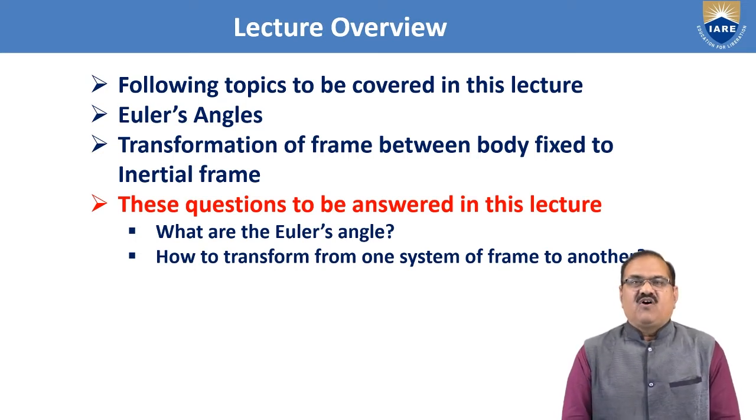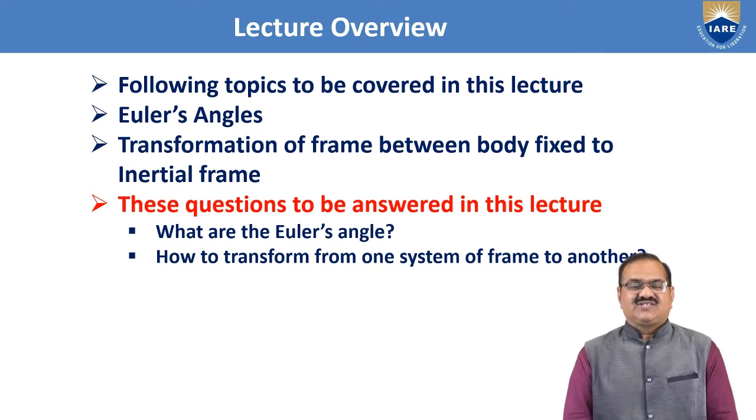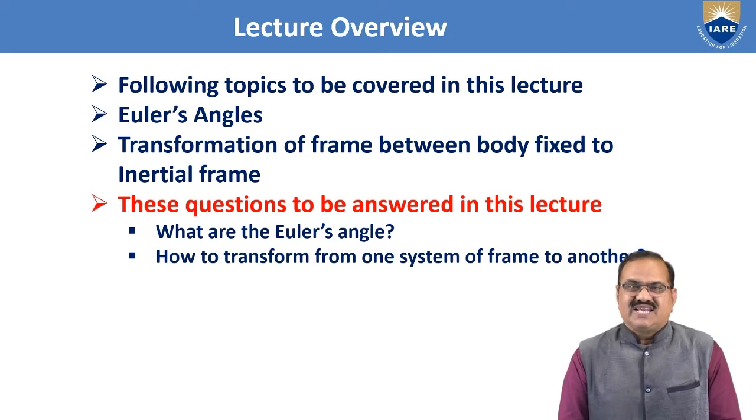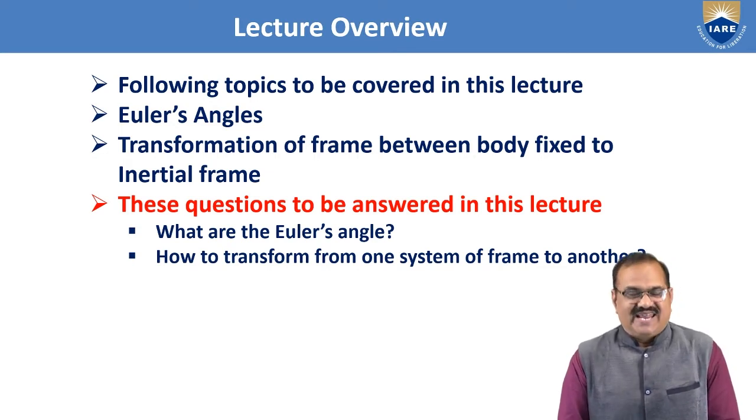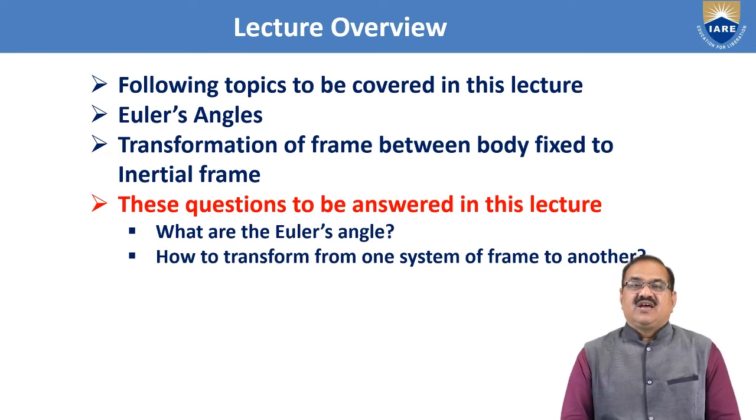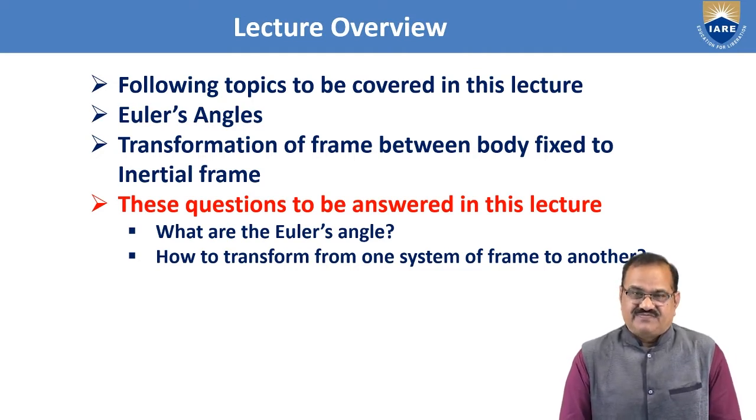In that, we have found the three force equations in linear way, that is the force equation in x direction Fx, y direction Fy, and z direction Fz, and also three moments, that is rolling moment L, pitching moment M, and yawing moment N. All the 6 equations of motion we have derived.